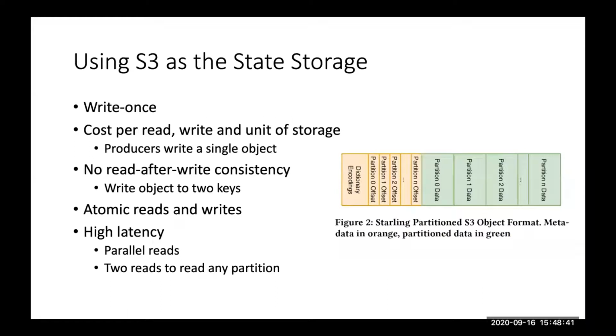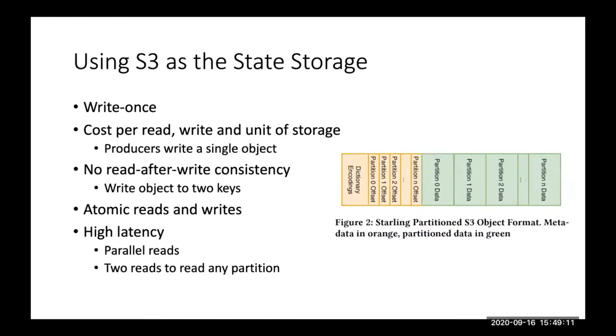The second thing is that S3 does not offer any read-after-write consistency properties. For example, if you write to a key, you cannot read it immediately after the write. It may take a while before the write gets manifested in the read. This has to do mostly with S3's tail latency problems.